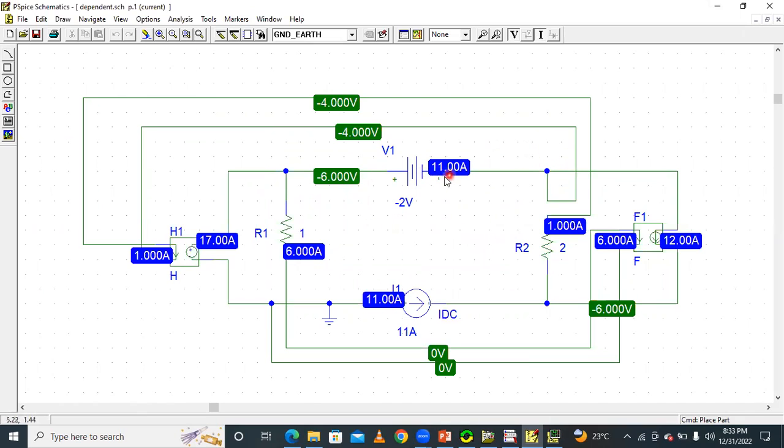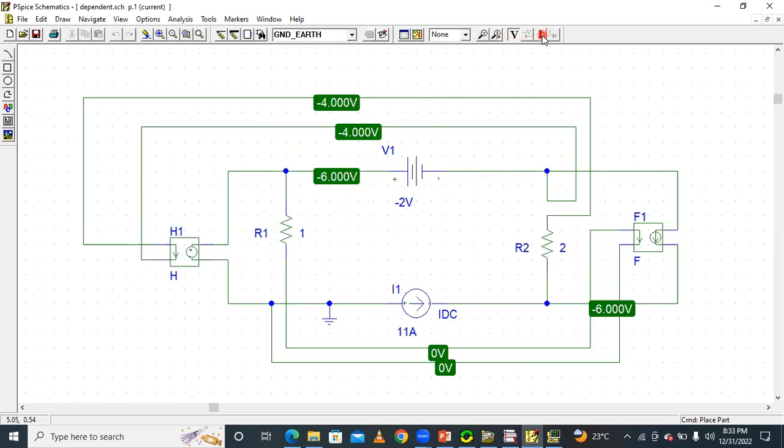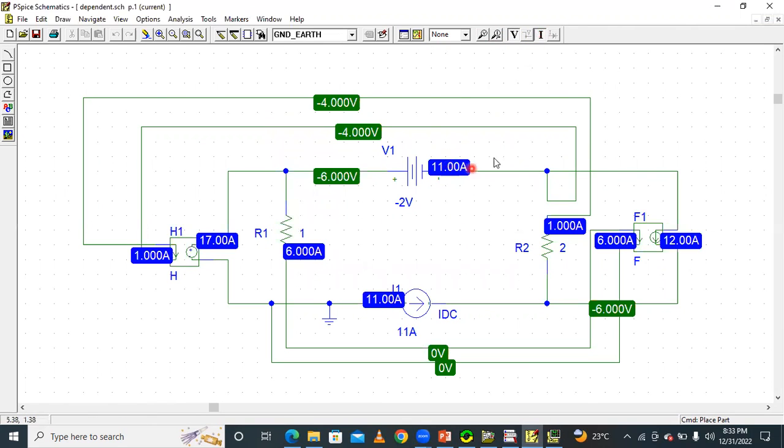Current flowing into here is 11 amps. Here the current flowing in is 6 amps, and the current here is 1 amp. By pressing V, the voltage is displayed, and by pressing I, the current is displayed. If we want both voltage and current, we have to connect. So this is about dependent sources. Okay, that's it.